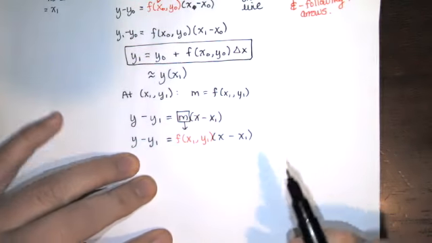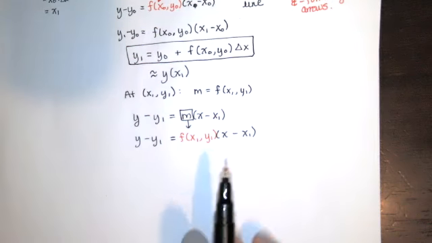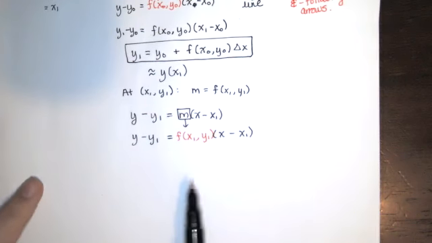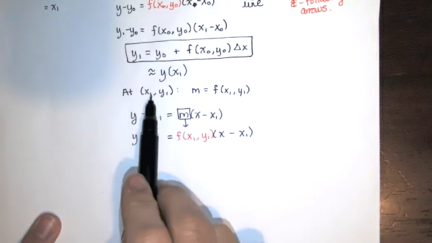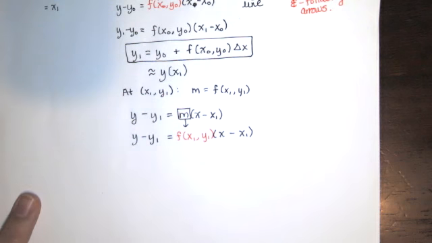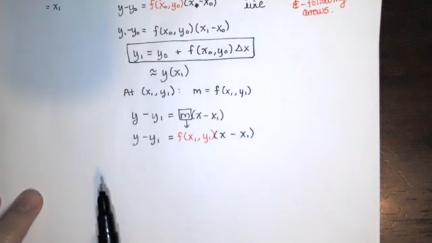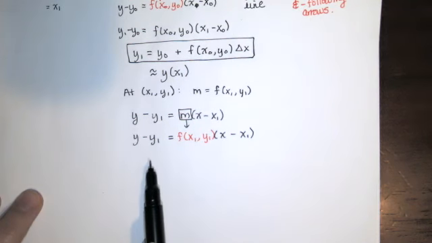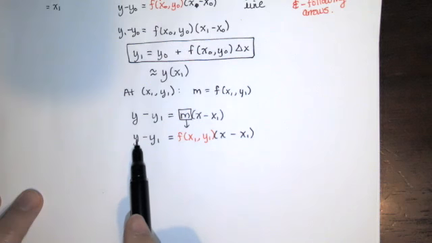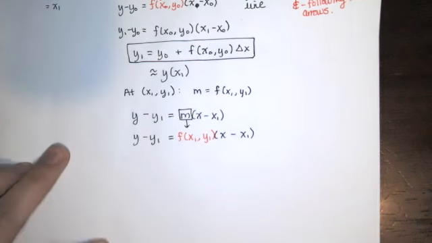Again, I don't want to use this all the time. This is only a good approximation to the solution curve if I'm near x1, y1. So I'm going to use this line to find an approximation of the solution curve at a nearby point, x2.